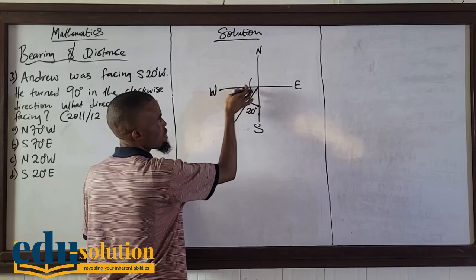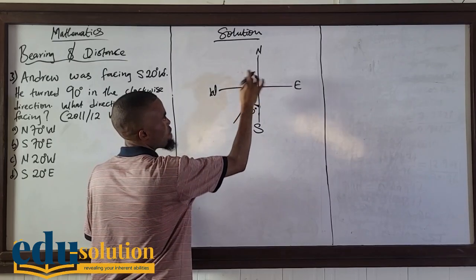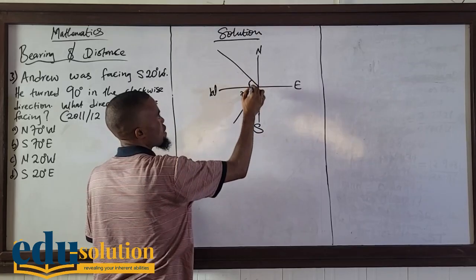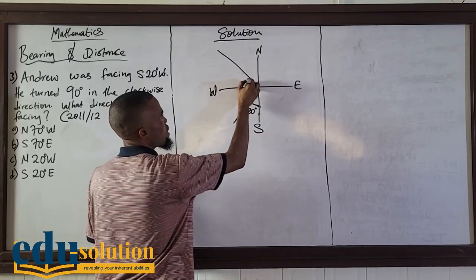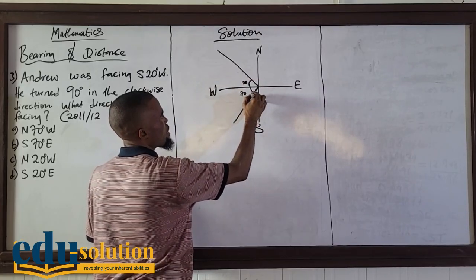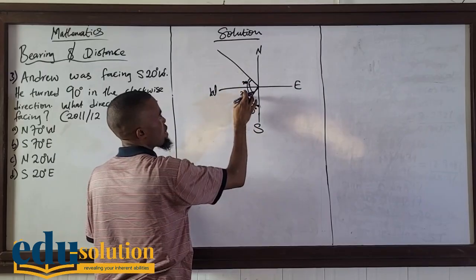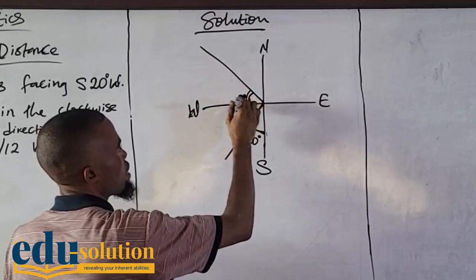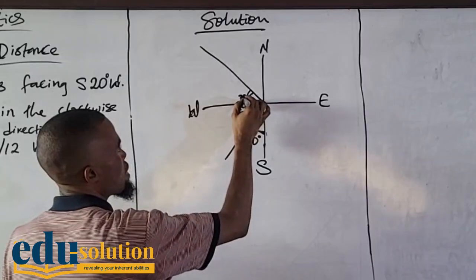It's not up to 90, so we'll have to take extra 20 from here. We'll take it up, so this is 20. From here to here is 90, which is 70 plus 20, giving us 90.